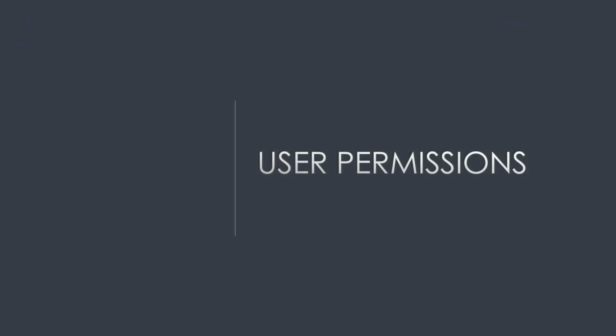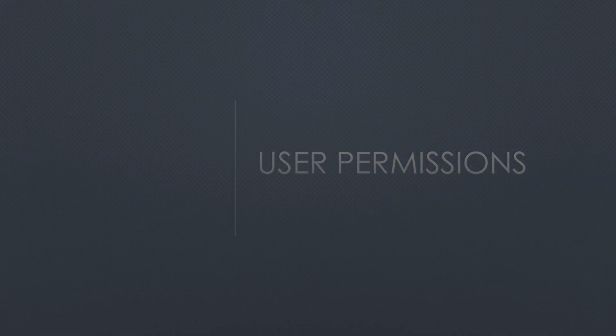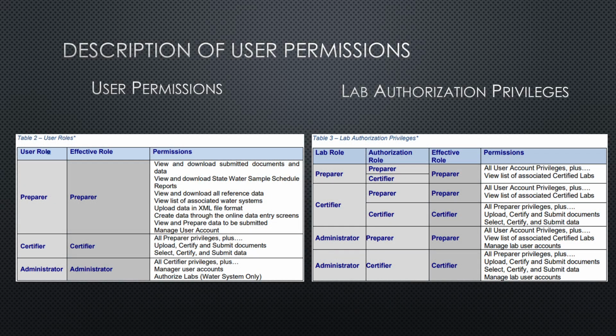User permissions in EDWRS can be a bit complex, so let's talk about how these user permissions work, what things you can do with specific user permissions, and how water system versus lab permissions interact with each other. Below, you will see 2 tables taken from the EDWRS user guide. The table on the left defines user roles as would be needed for a water system in EDWRS.